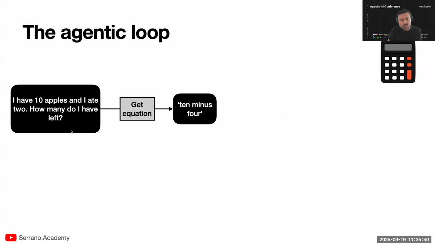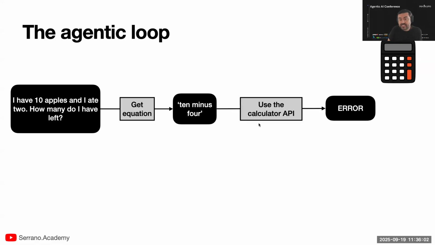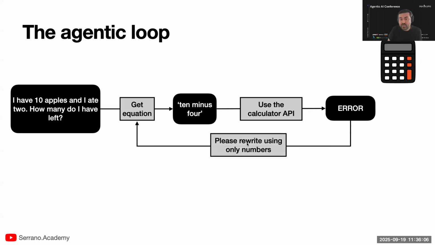Because some things could go wrong. Let's say I have this question: I have 10 apples and I ate 2. How many do I have left? And I get the equation. And instead of 10 minus 4 in numbers, it replies 10 minus 4 in letters. Language models could do that. And that gives me an error with the calculator API. So the agent should be able to go back and talk to this one and say, hey, rewrite only using numbers, and then fix it.